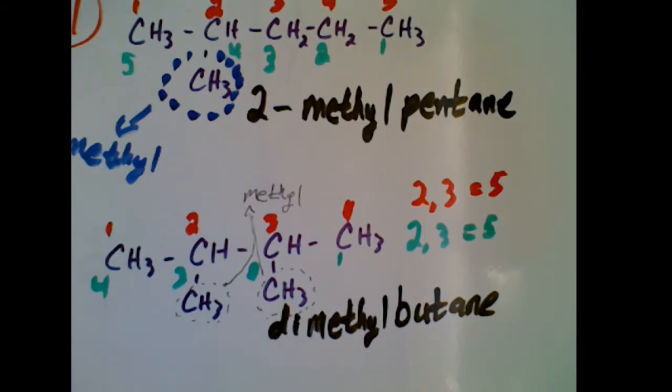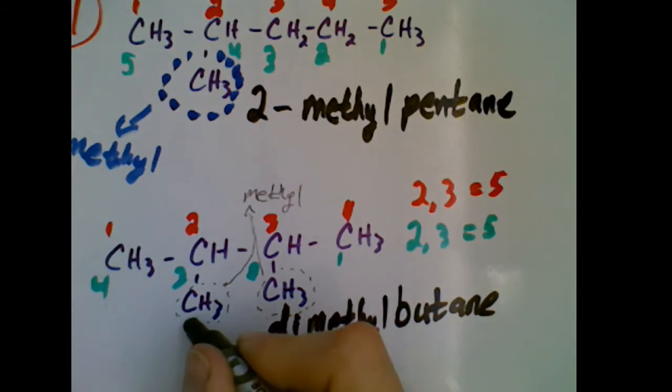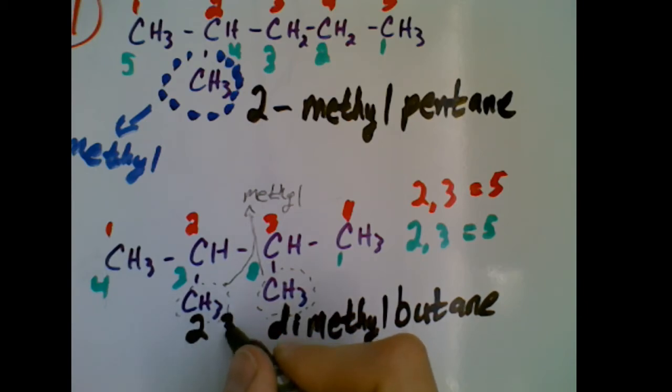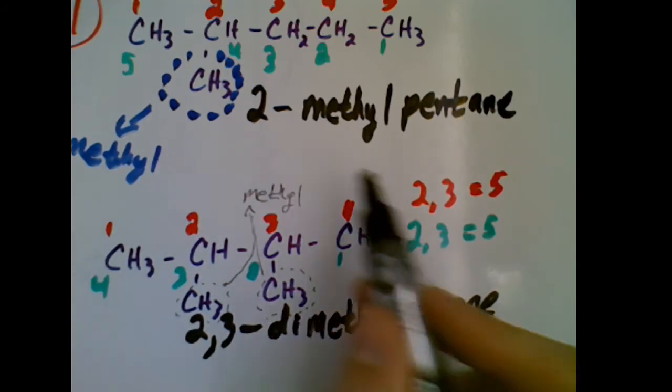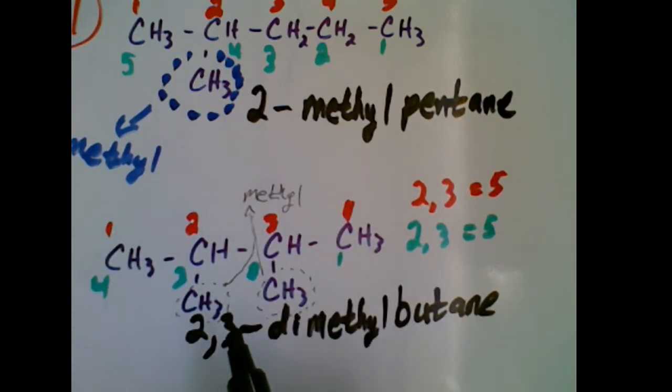So what I would do here is call this 2,3, and because I have 2 numbers next to each other, I use a comma to separate them. So 2,3-dimethylbutane, with a hyphen or a dash in between a number and a letter. That's how I would name this compound.